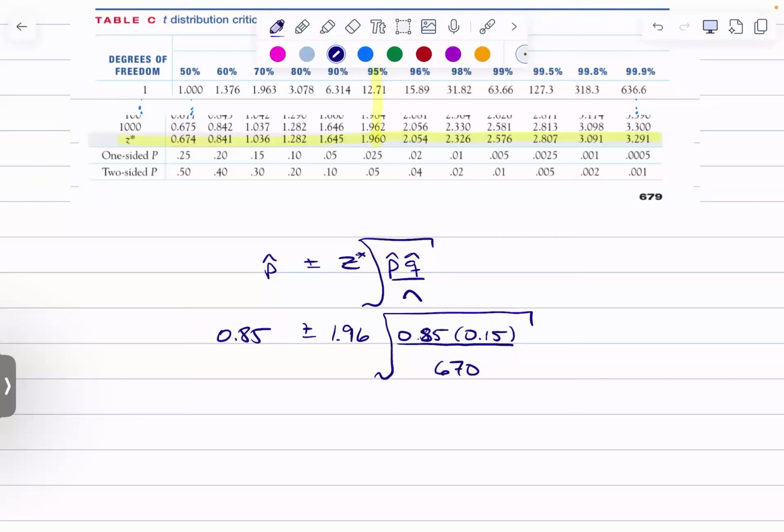Then I can do my square root. A common mistake is you forget to do the square root, so let's make a mental note. 0.85 times 0.15 divided by 670. Take that square root.